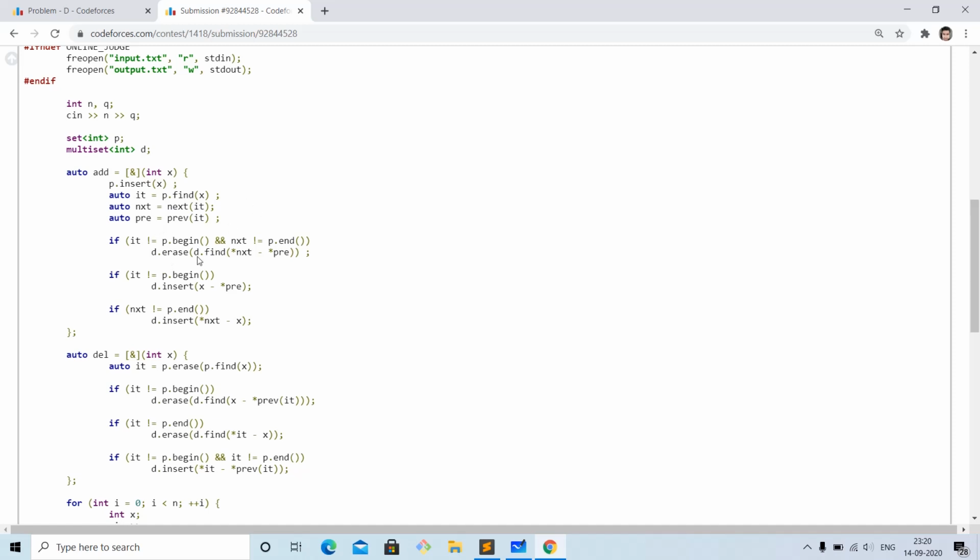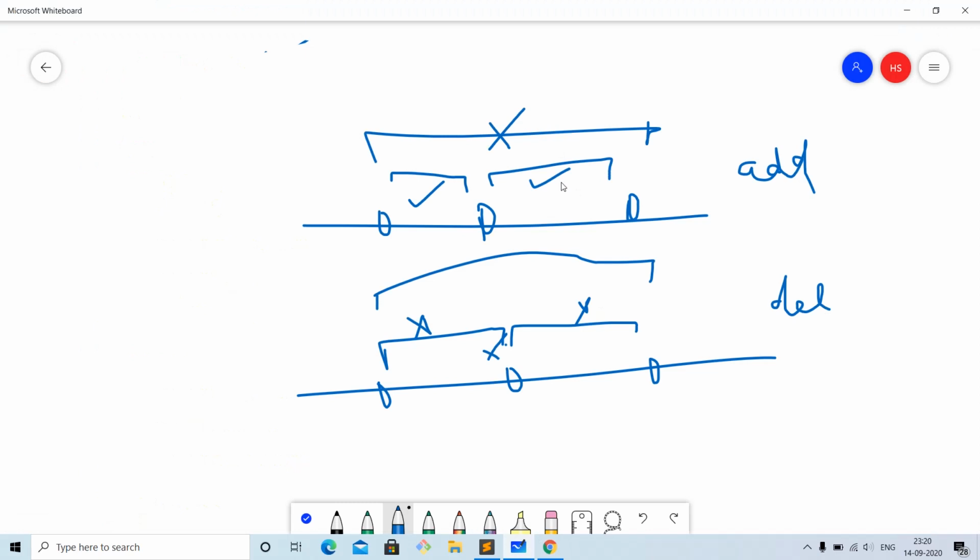We have to erase the distance between the next and the previous, as I have already told you, and then we have to insert two distances: one is the distance of x to the previous, and one is the distance of the next to x, similar to what I have explained here.